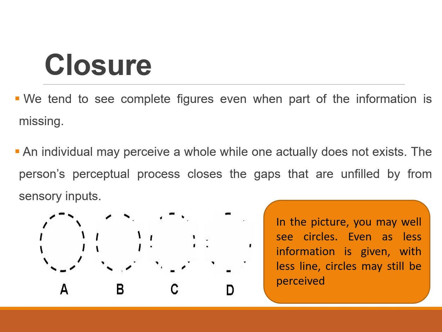Even when less information is given with less line, as in picture D, you can again perceive this as a circle. In picture A, you can fully interpret this as a circle, but in picture D, there is less information and less line, but still you can perceive this as a circle.